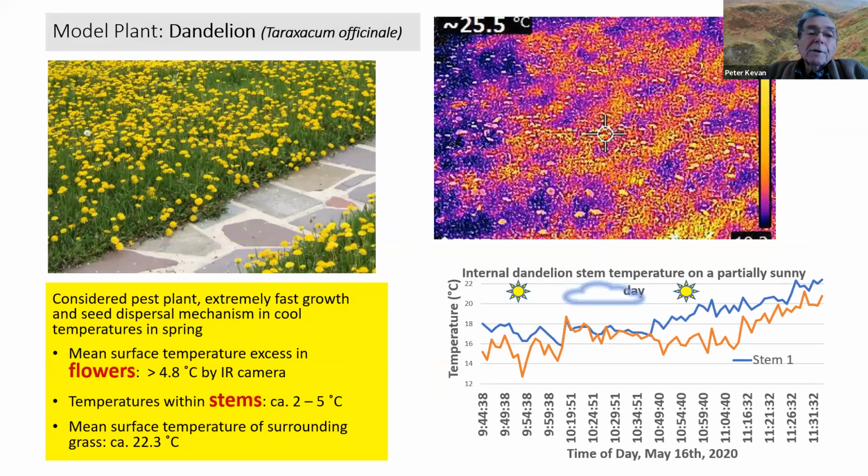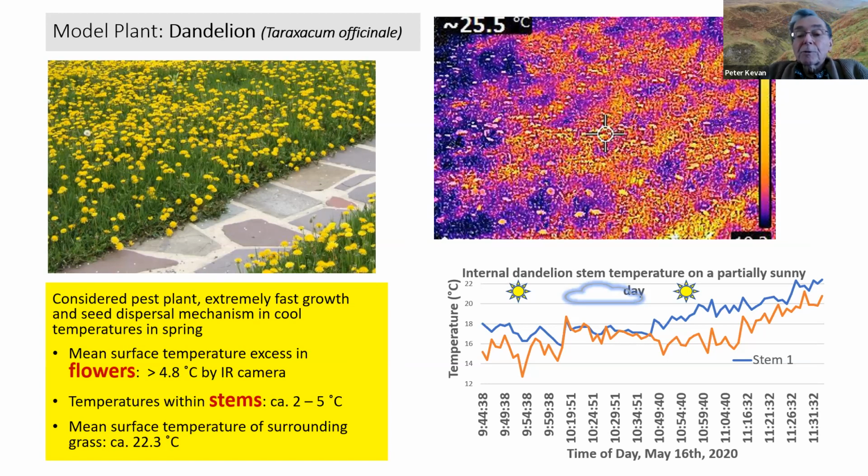Dandelion is similar. Inside the dandelion stems, which elongate extremely rapidly in the early part of spring and early summer, and have the same growth spurt associated with hefting the fruiting structures above, mean flower temperature with an infrared camera, and we'll talk a little bit about the infrared cameras, is about 4.5 degrees more than ambient air, and the temperatures within the stems with a thermocouple then 2 to 5 degrees centigrade.